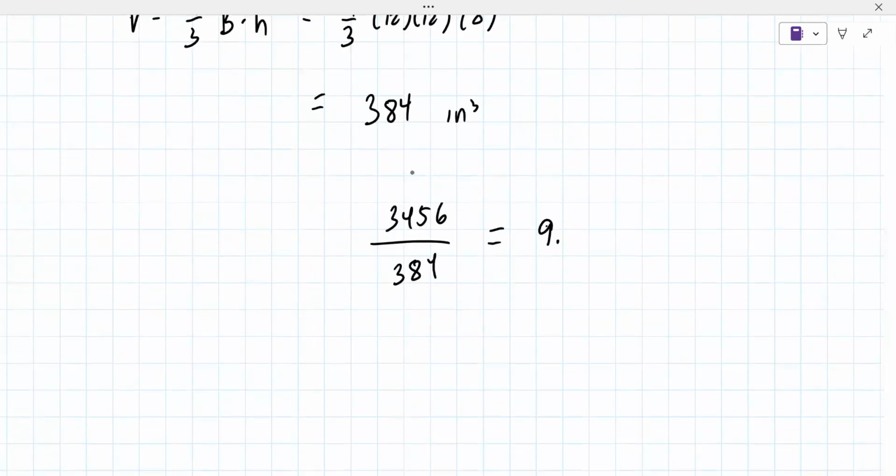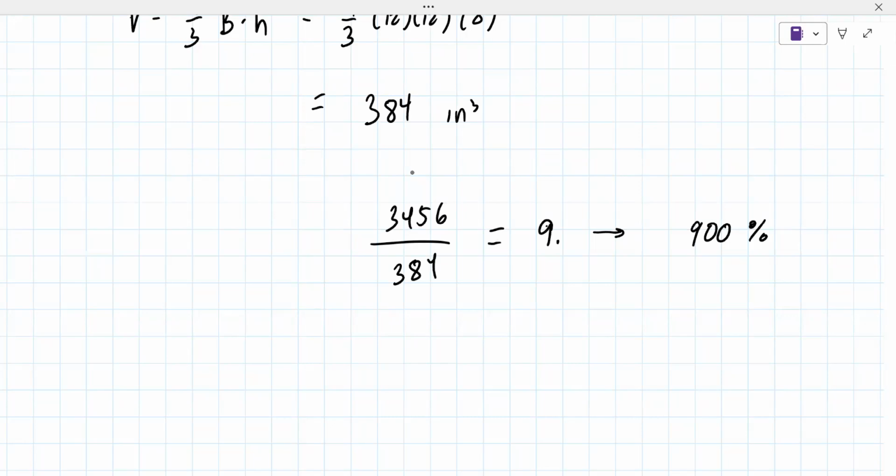Okay. So when you convert that to a percent, it is 900%. I was kind of confused about how to find the percentage for that.